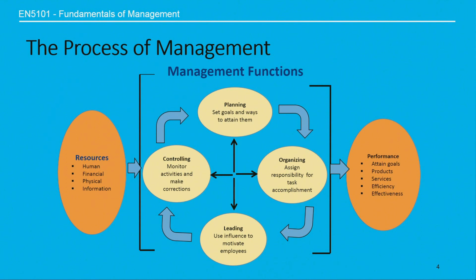When resources are converted through this management process, we see different elements under the performance of the organization. It may be seen as achieving goals of the organization, manufacturing products, delivering services, at the same time achieving resource efficiency. Finally, the organization should ensure effectiveness, right?